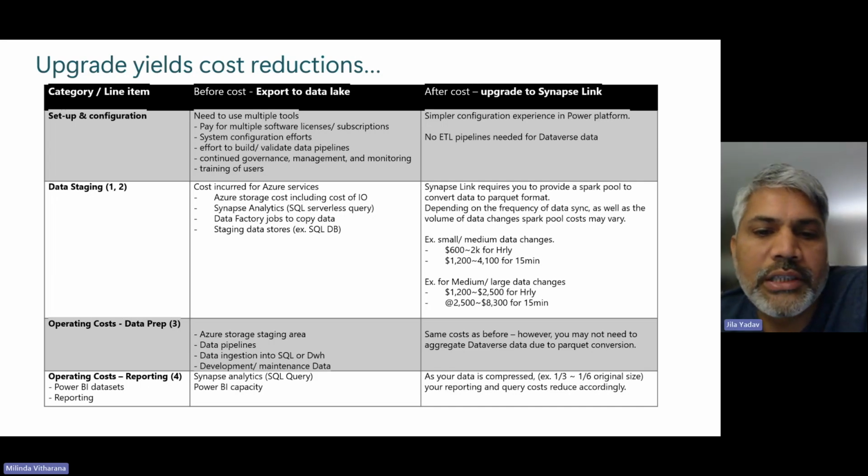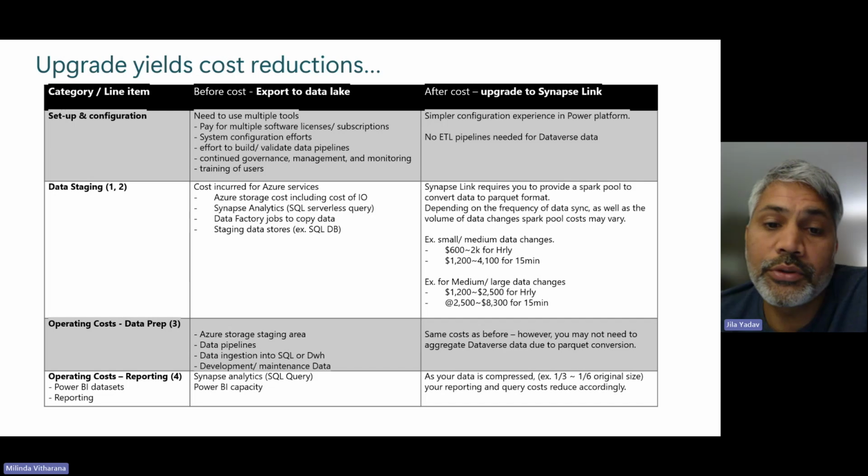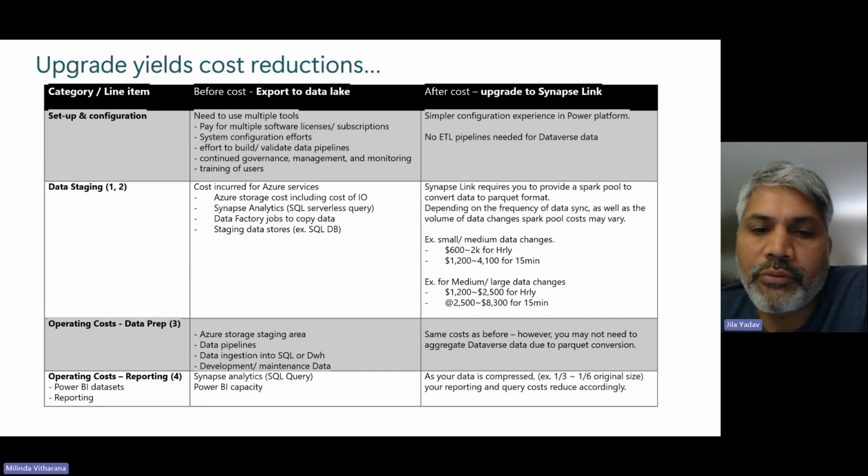So if you have a small to medium-sized database, and the frequency of the changes is, let's say, hourly, you could be roughly looking at 600 to 2K per month cost. If you up the frequency, you could be looking at 1,000 to 4,000 if your Spark jobs are running frequently.